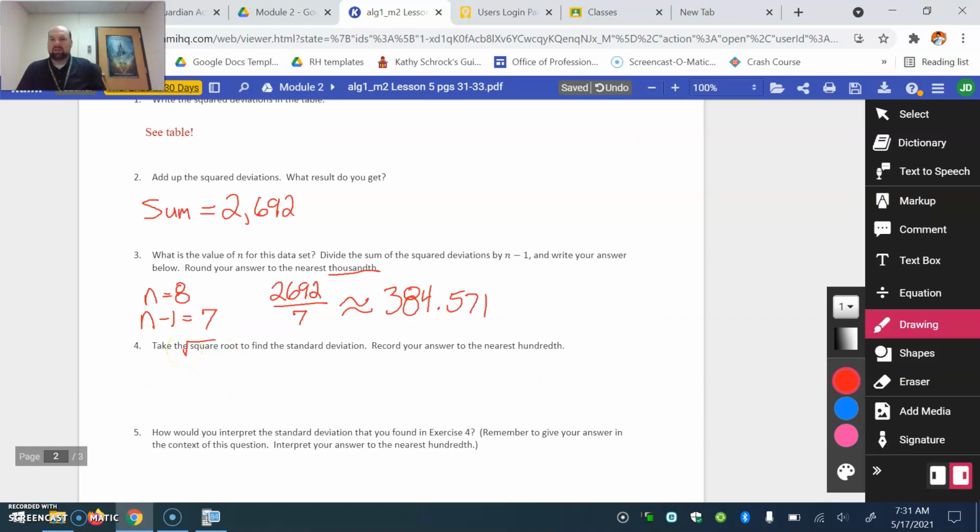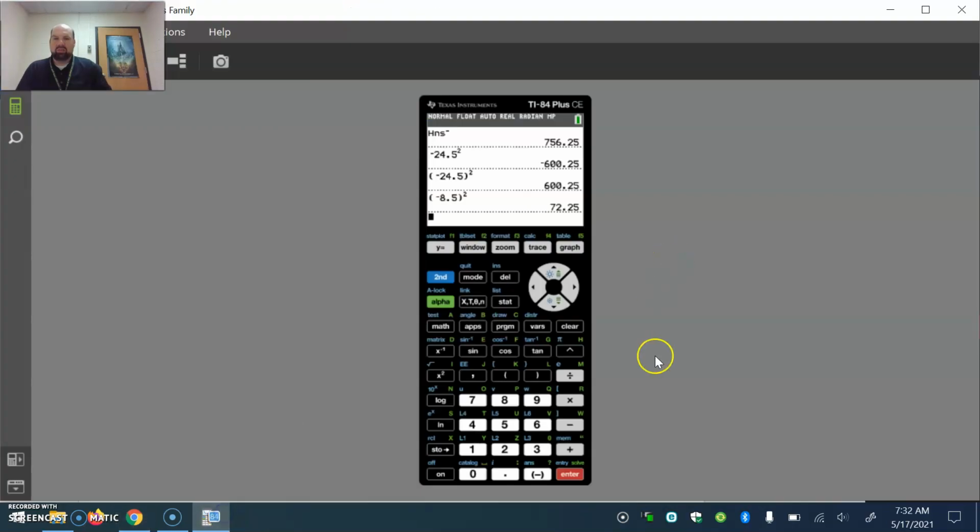Remember, it's that symbol there. Square root or radical, if you like that, 384.571. And that is going to be approximately, let's check it out. Let me clear my calculator. So I'm going to hit second x squared button, and you'll see there's your radical. 384.571, enter, and there you go.